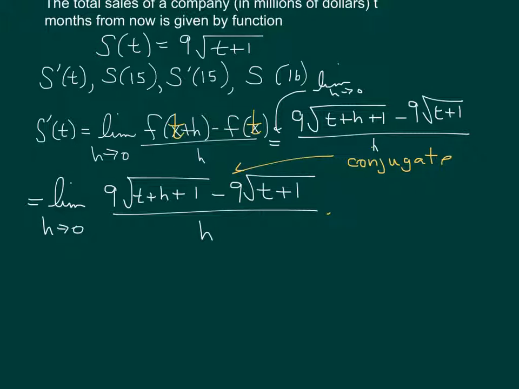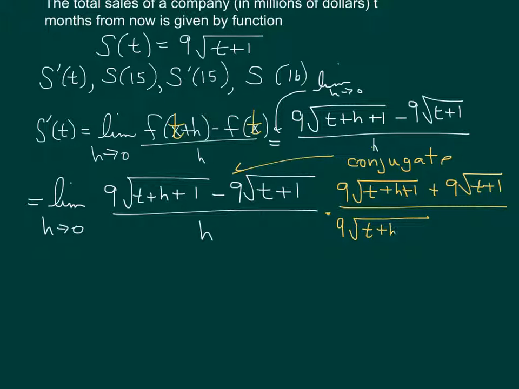So I'm going to multiply by 9 square roots of t plus h plus 1 plus 9 square roots of t plus 1. And if I don't want to change the problem, I multiply the same thing on the bottom, because if you have the same thing over the same thing, that equals 1, right? So I'm not changing the problem.